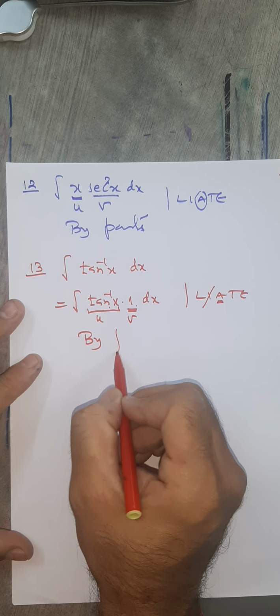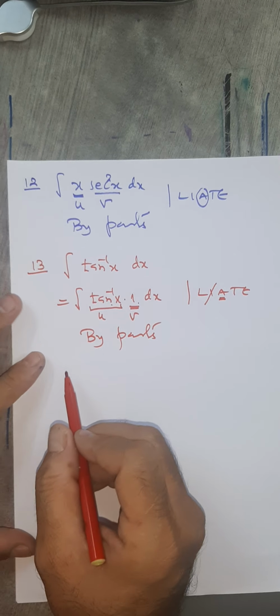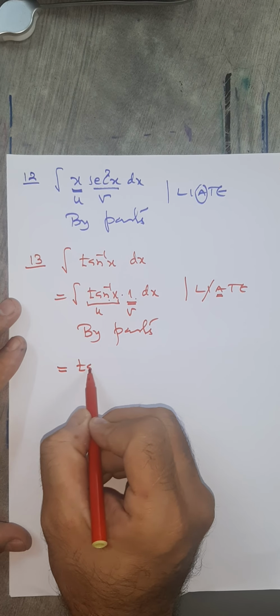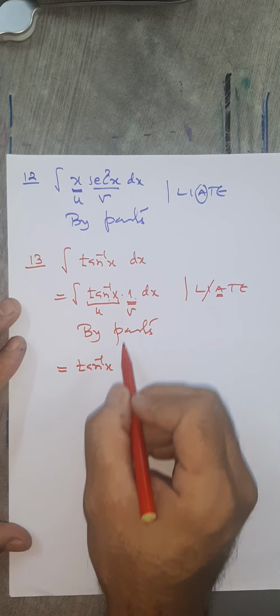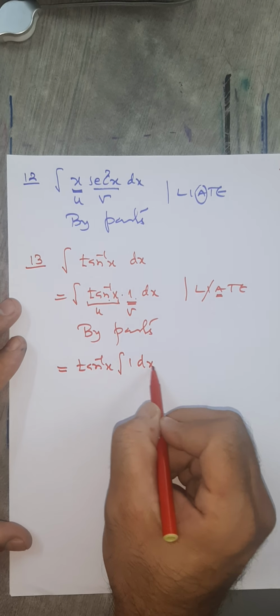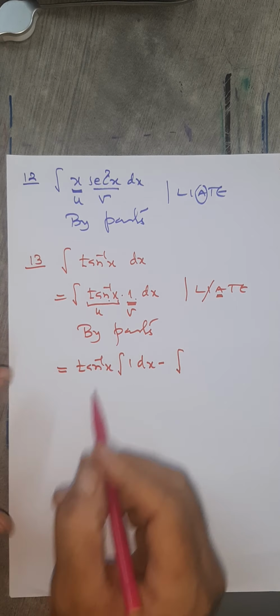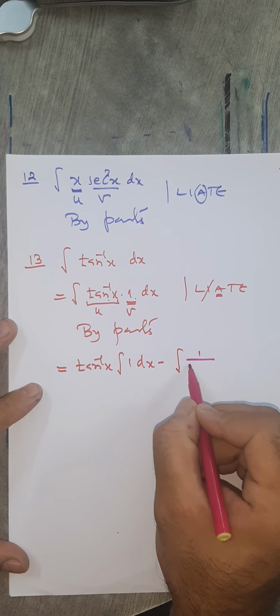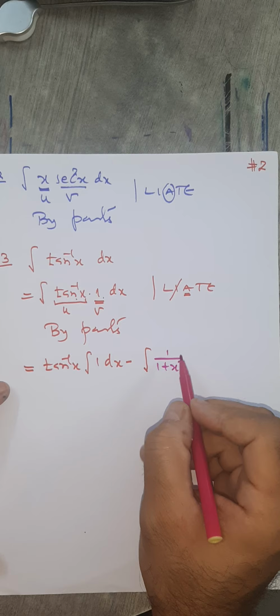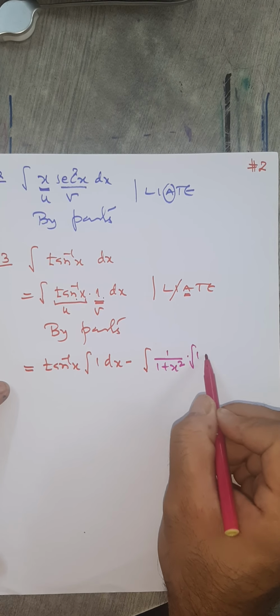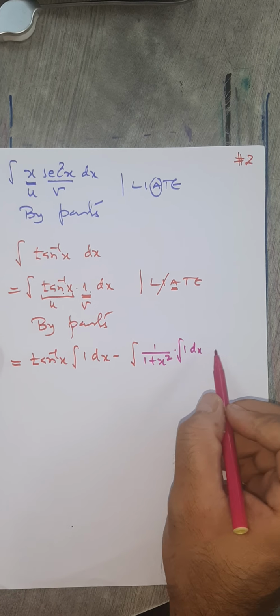Now we do by parts, integration by parts. So tan inverse x will come out by parts into the integral of 1, minus inside the integral the derivative of tan inverse x here, which is 1 upon 1 plus x squared, into the integral of 1 here, and then the whole integral.